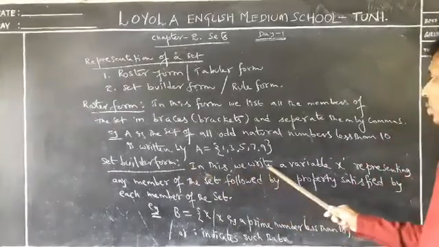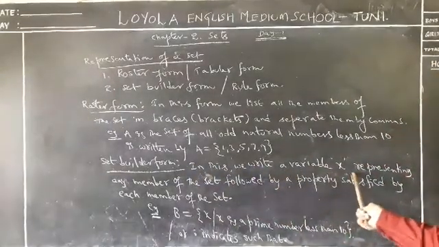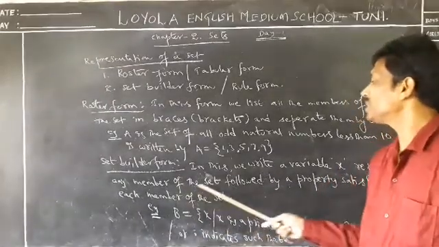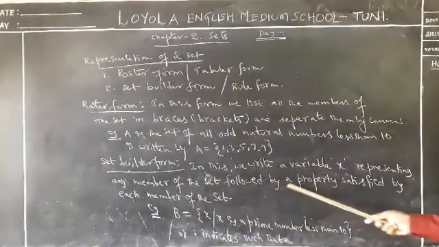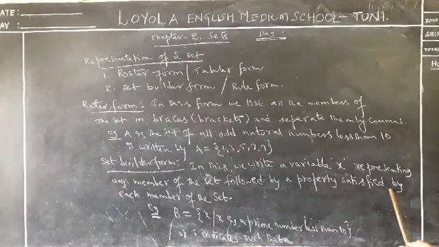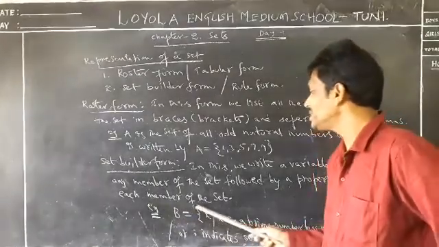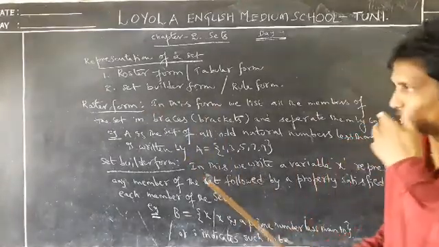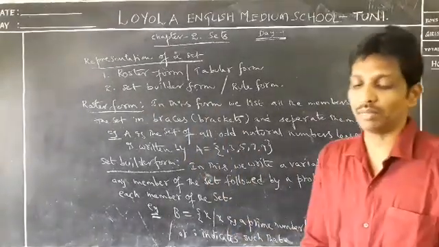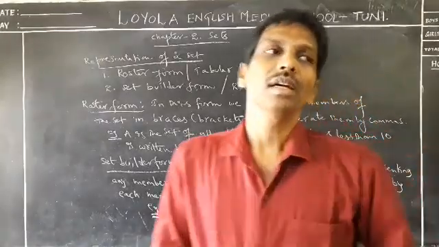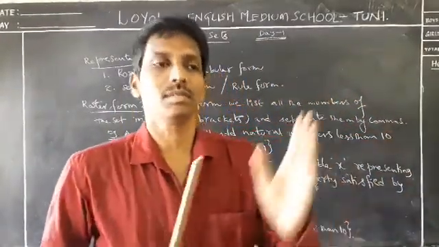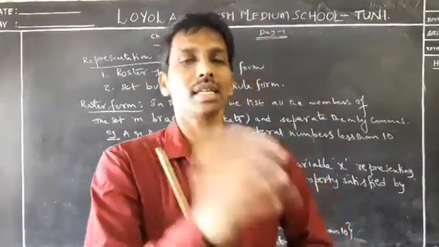In this we write a variable X representing any member of the set followed by a property satisfied by each member of the set. So what is the difference between roster form and set builder form? In roster form, we would like to represent the elements directly. Directly we will write the numbers or elements.